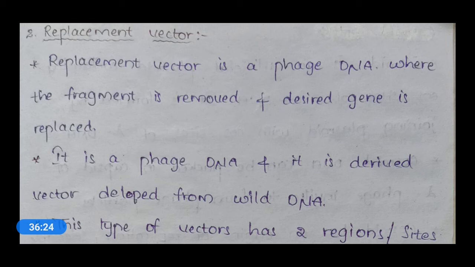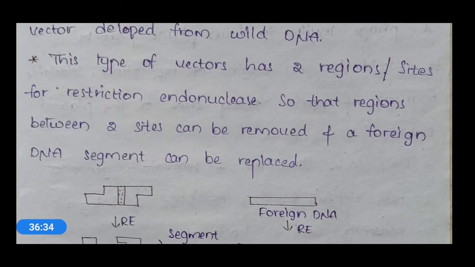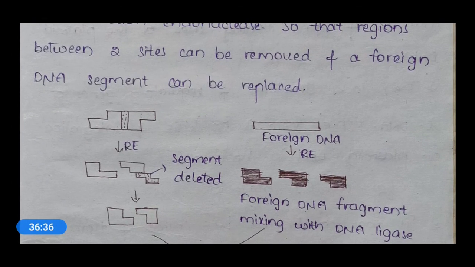Phage DNA where the fragment is removed and the desired gene is replaced. That way we call it a replacement vector. If you see the diagram, you can have a better idea. Here, first we have treated it with restriction endonucleases, and a segment will be deleted. Whatever the segment shown with the dots will be removed.